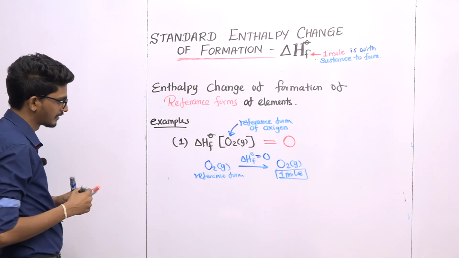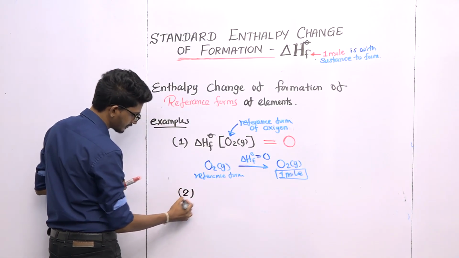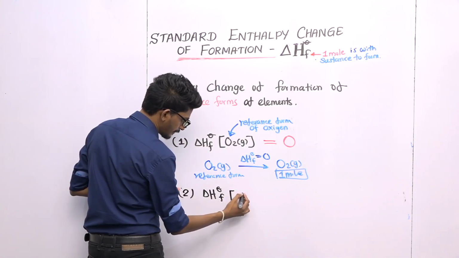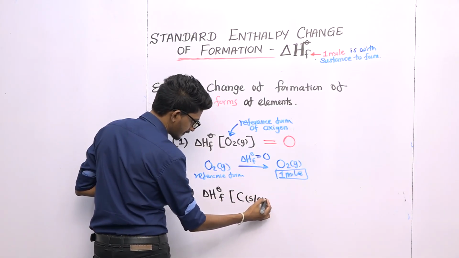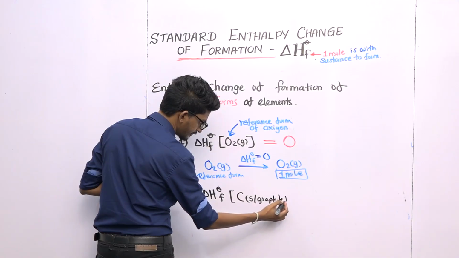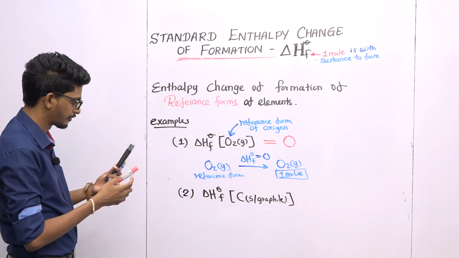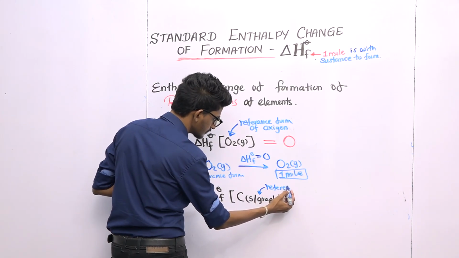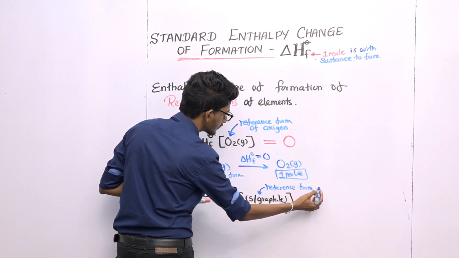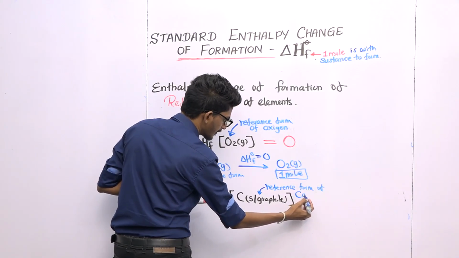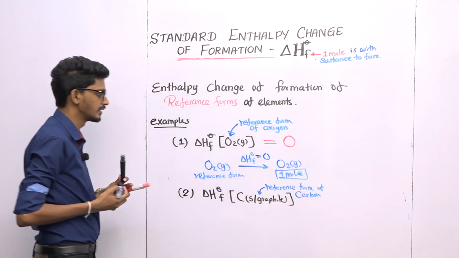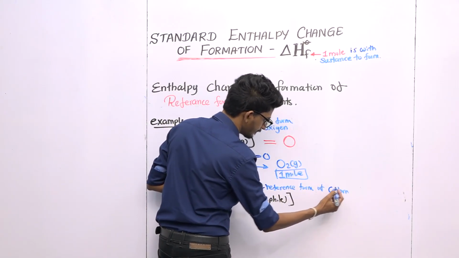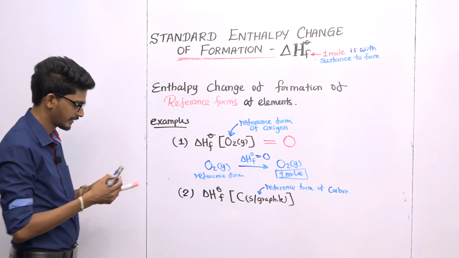Let's come up with another example. Let's think of the enthalpy change of formation of carbon solid graphite, which is the reference form of carbon. See how it looks like.